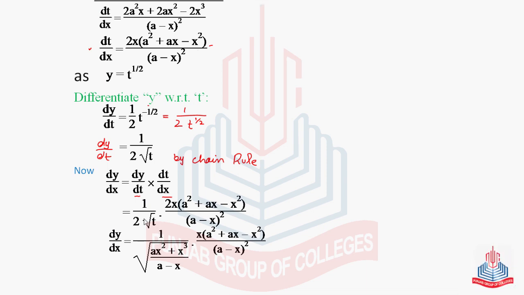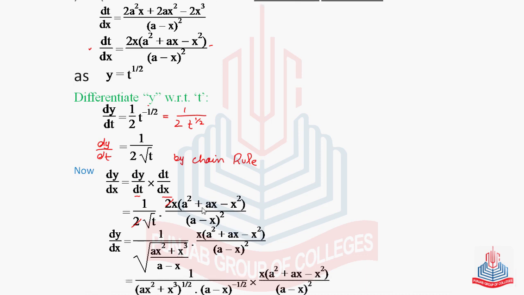This 2 will be cancelled out, and by substituting the value of t, which is ax square plus x cube divided by a minus x, into this is exactly the same thing from our previous step. So this is of the form 1 over ax square plus x cube raised to the power 1 by 2, and a minus x is also with power 1 by 2, but when we shift it into the numerator, that will become a minus x raised to the power minus 1 by 2, and this is exactly the same thing.